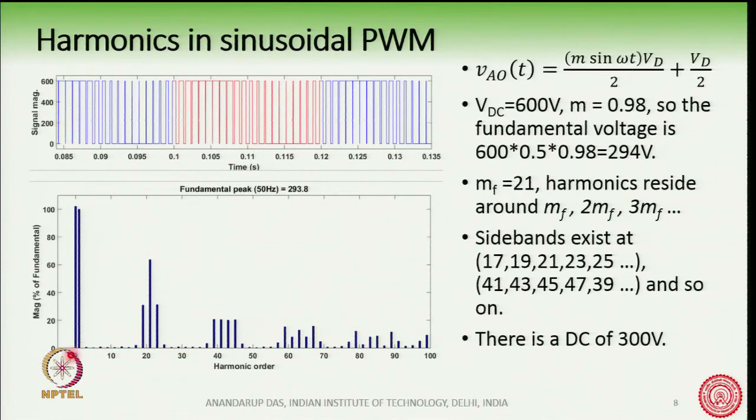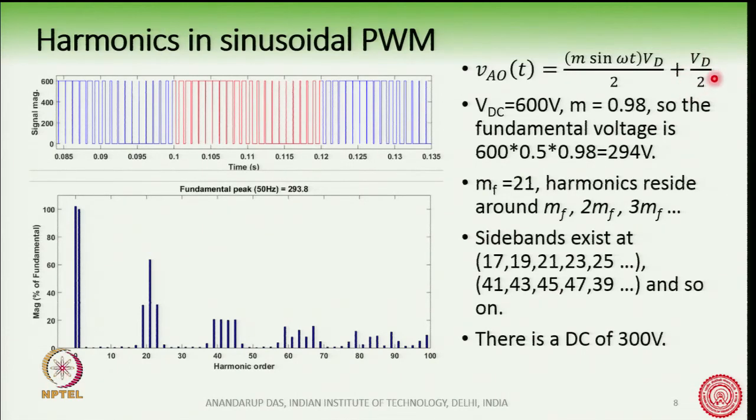On the lower curve, this is the harmonic spectrum. Okay. This curve here shows the harmonic spectrum, and the 0th harmonic, that is the DC, as expected is equal to Vd by 2.